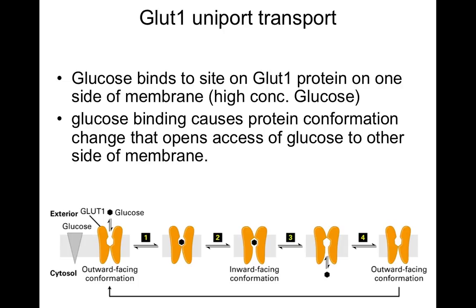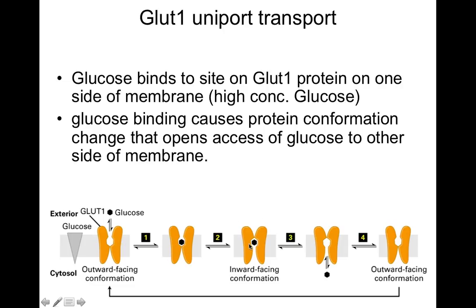So again, you drink a Gatorade, you drink a Red Bull, that energy, that glucose is flowing through your bloodstream. It's got to get into your cells eventually. This is how it does it. The glucose in high concentration, as soon as you drink that soda, Red Bull, or Gatorade, binds to the GLUT1 transporter, which is always facing outward, to capture the glucose molecule.